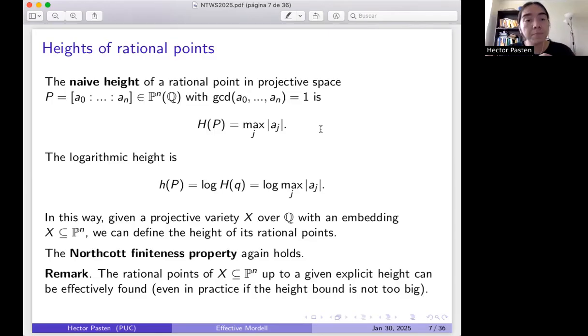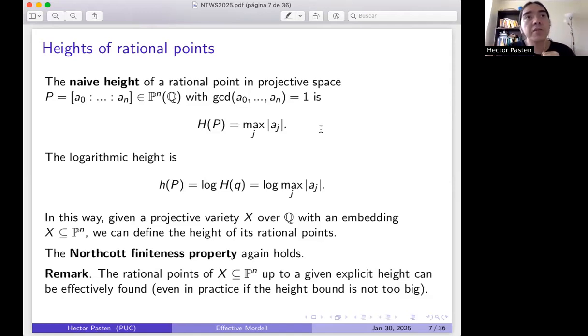And then the Northcott finiteness property holds again in exactly the same way. Therefore, if I give you a bound for the height of the rational points of your variety, then I can actually search for these points up to the height that you gave me, because I only have finitely many of those. I just need to try the different coordinates up to the given height.